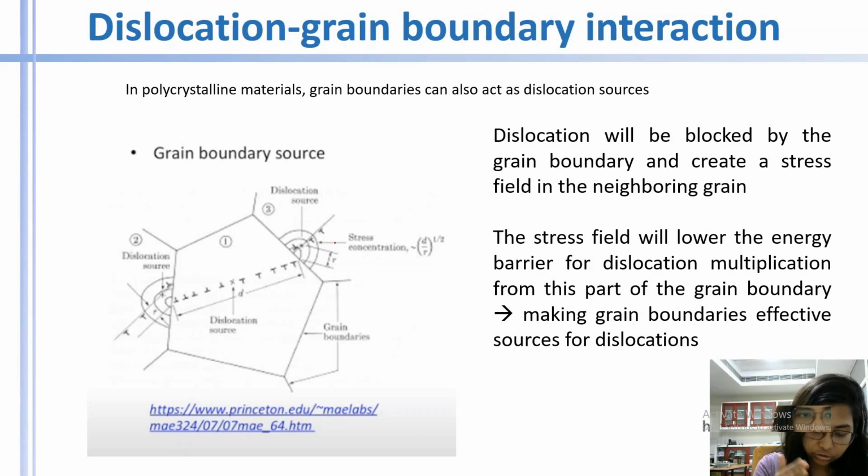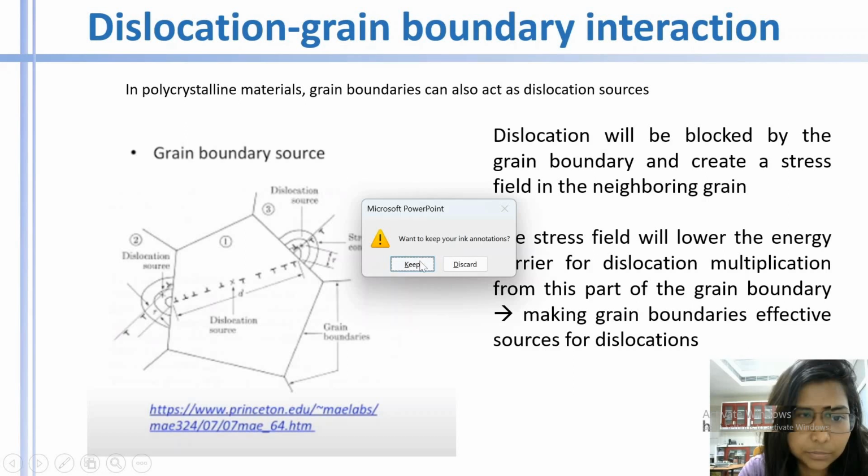In addition to the dislocation multiplication model, there is another thing called the dislocation grain boundary interaction. The previous model was for single crystal materials.